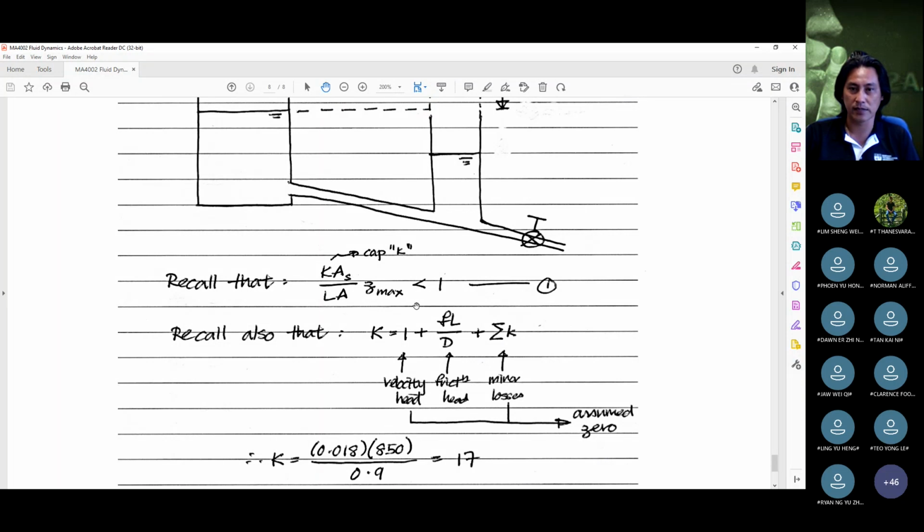Since we know the maximum Z max, which is 12 meters, we just have to work out the values for capital K, L, and A and plug it in and see what kind of diameter we are able to get out from A_s.